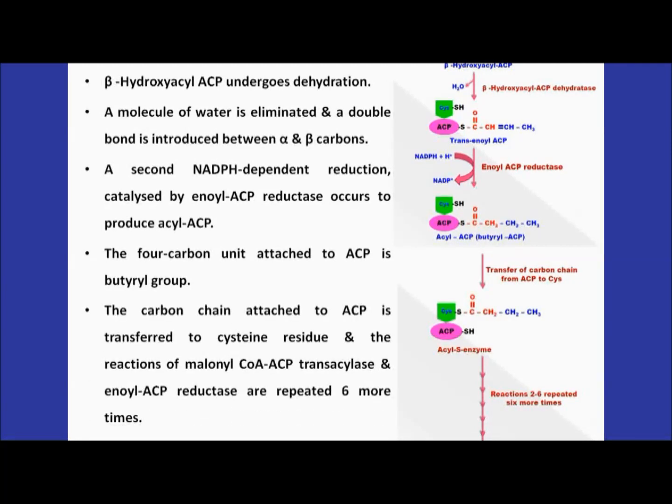Moreover, the next step is that the carbon chain attached to the ACP is transferred to the cysteine residue. Again, it will be transferred to the cysteine residue, and the reactions catalyzed by malonyl coenzyme A ACP transacylase and enoyl ACP reductase, which I have already discussed, are repeated 6 more times.